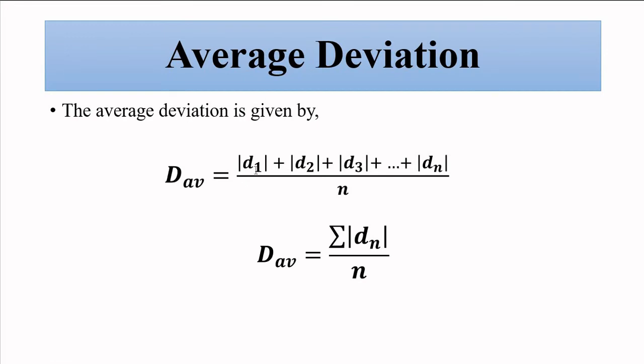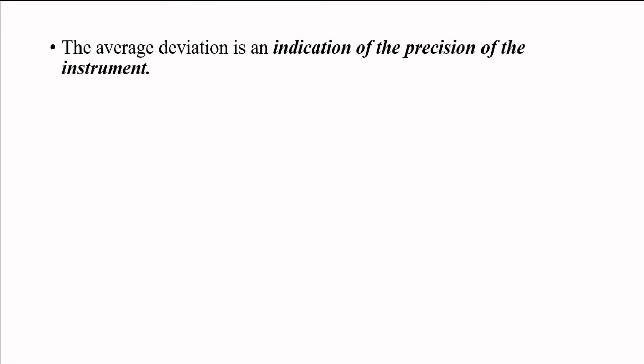The absolute value means the negative deviations are converted into positive. It is a very important parameter when it comes to the precision of the instrument, or the repeatability and reproducibility. It specifies the precision, the consistency of the instrument to give a specific correct reading.